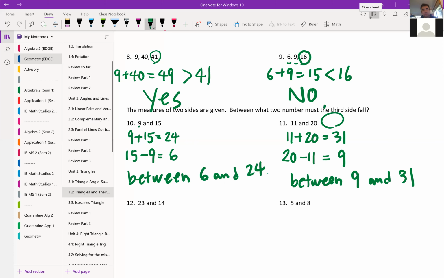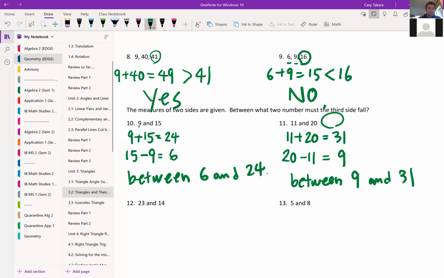Any of those numbers between 9 and 31 will work. Is everybody okay?